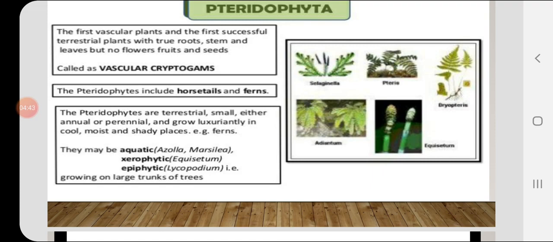So some pteridophytes are aquatic, some are xerophytic and some are epiphytic. Some grow in water, some in desert areas, some on other plants, whereas the main pteridophytes grow in moist and shady places.